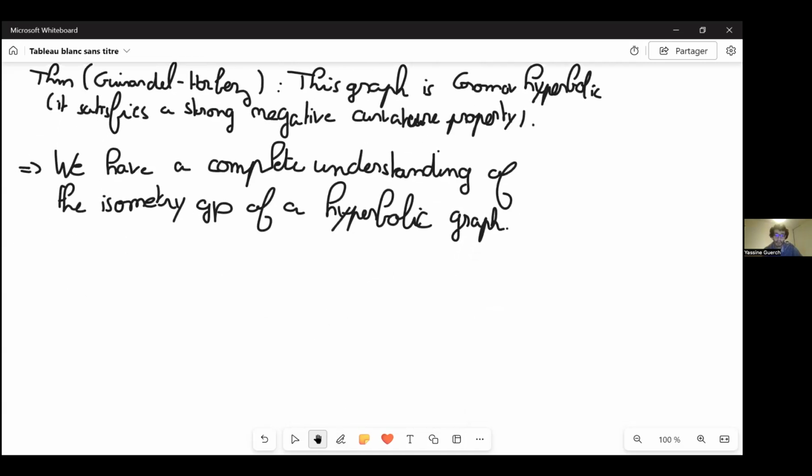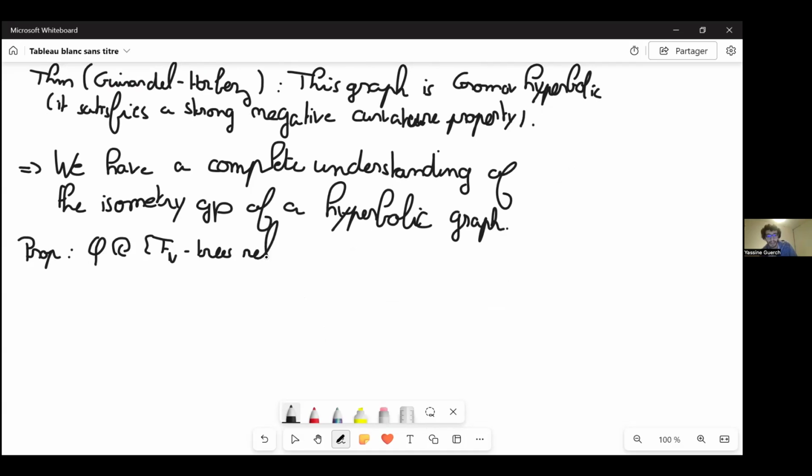And what we prove is that, proposition, the action of phi on this set of FN trees relative to fixed phi is what we call loxodromic.